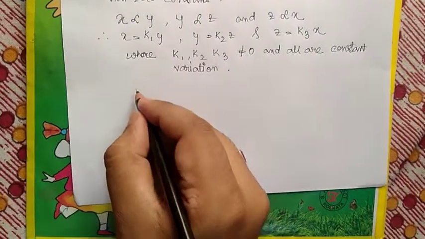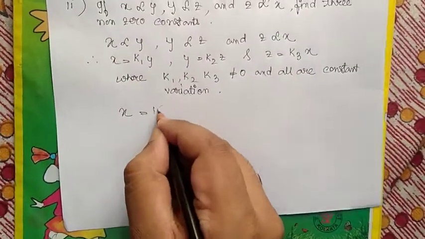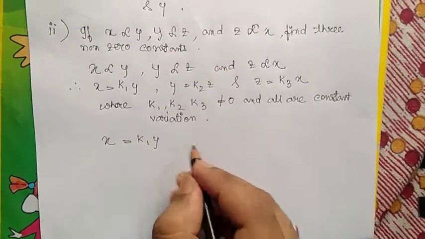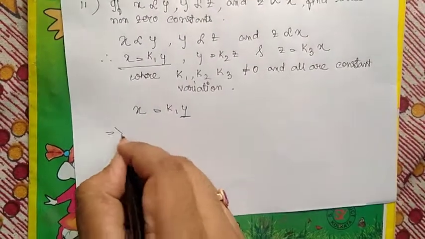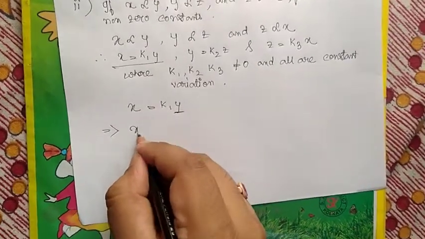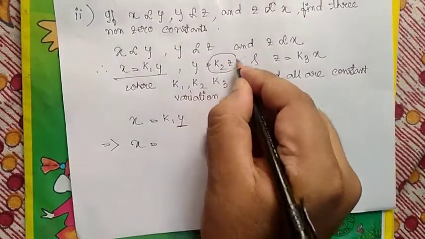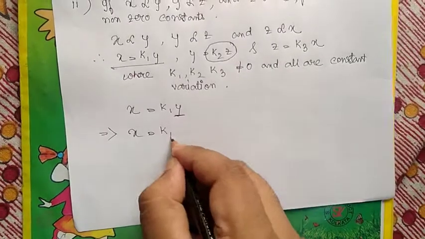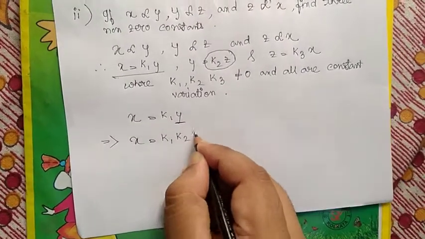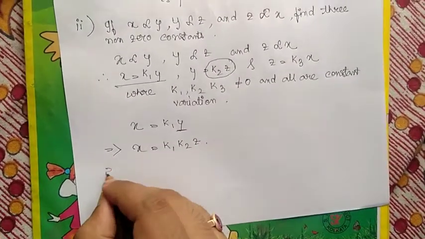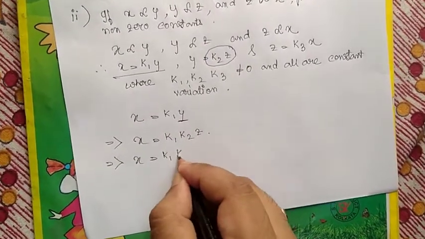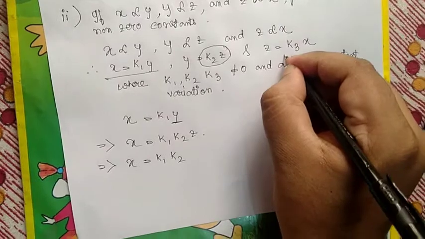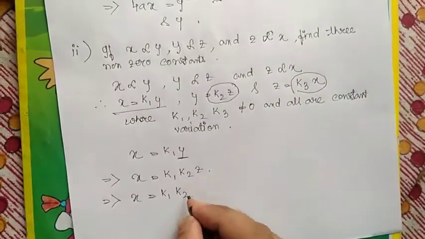After this, we know x equals k1 y. Now the value of y is k2 z, so we can write k1 k2 z. After that, we know the value of z is k3 x.